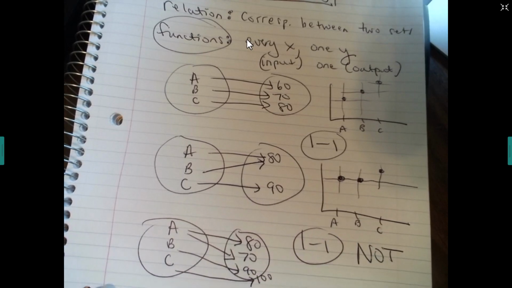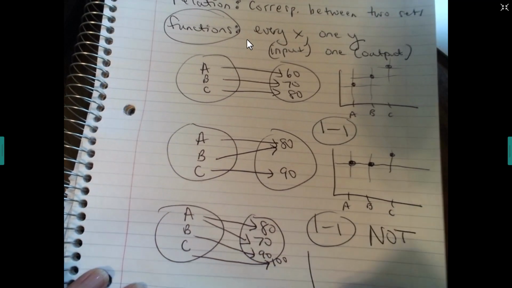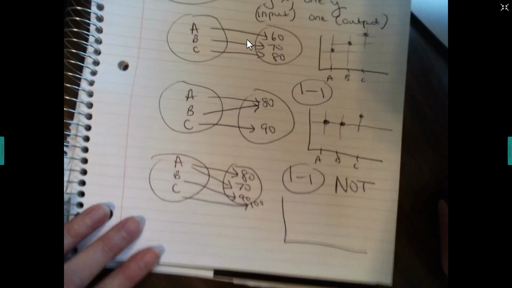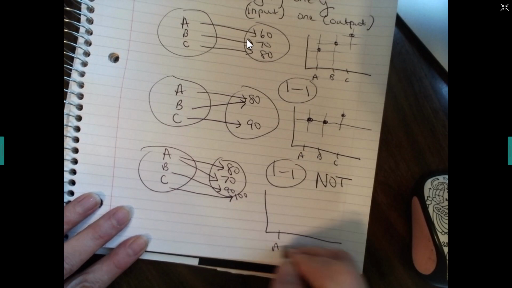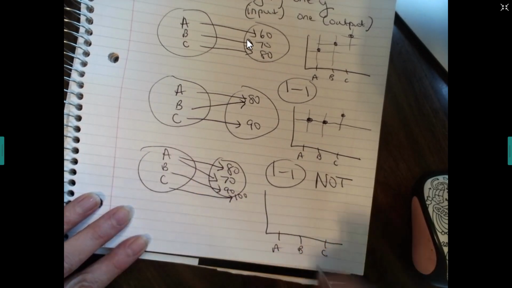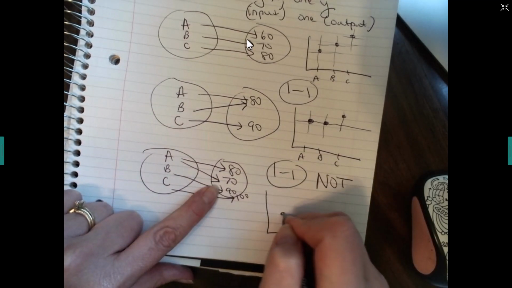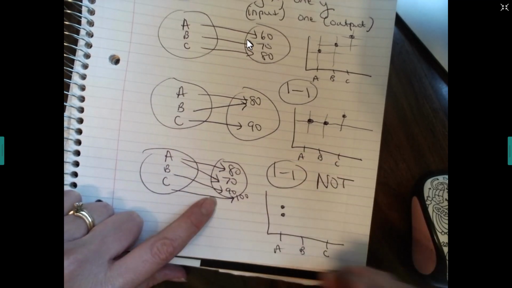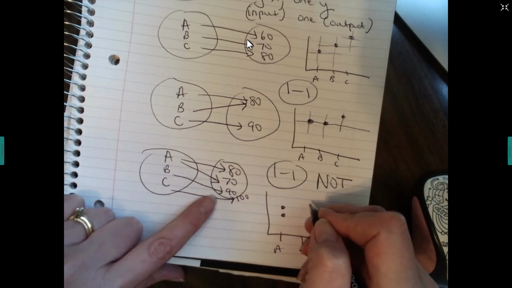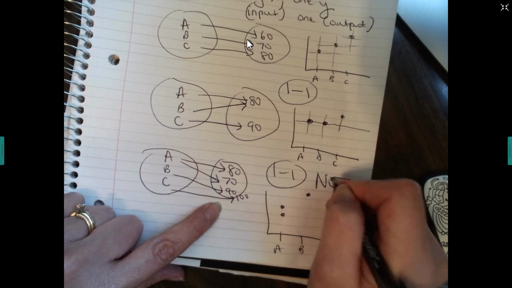So if we look at this student again, Anna or whatever that person's name is, if I graph it, A, B, C, that's my input. Input always goes on your x-axis. Now, notice the output for Anna is a 70 and an 80. And then say the B person is up here at 90 and my C person's up here, maybe Carlos or something like that.